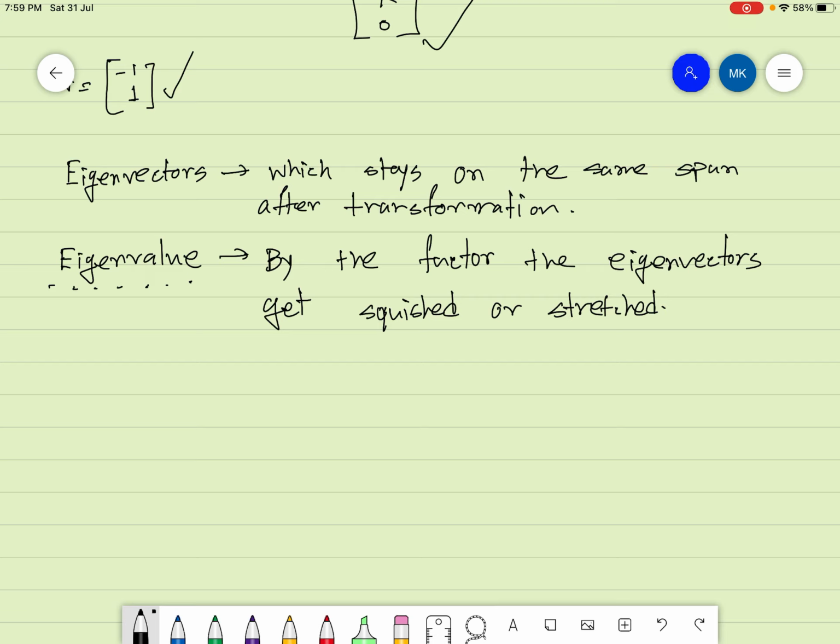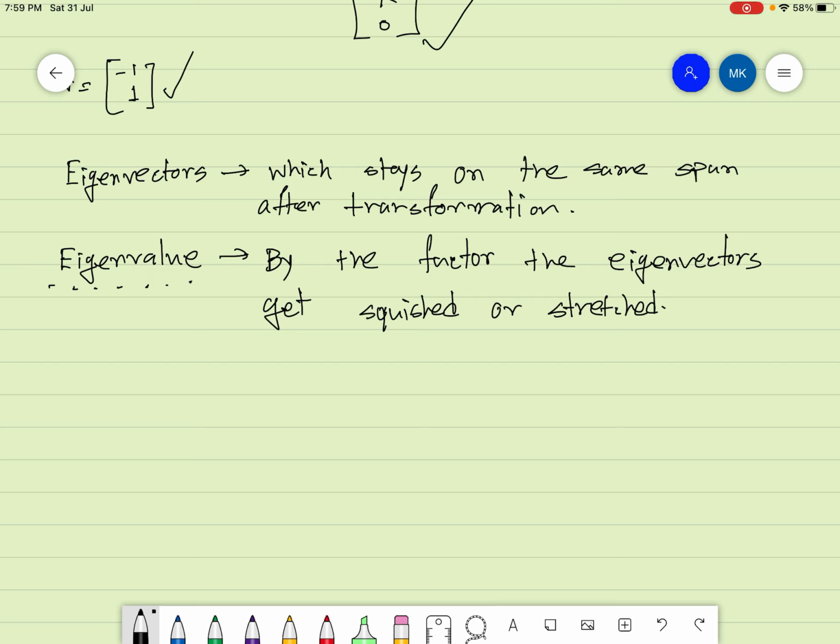So if the eigenvalue is negative, you can guess that the orientation of the original basis gets flipped. Okay.